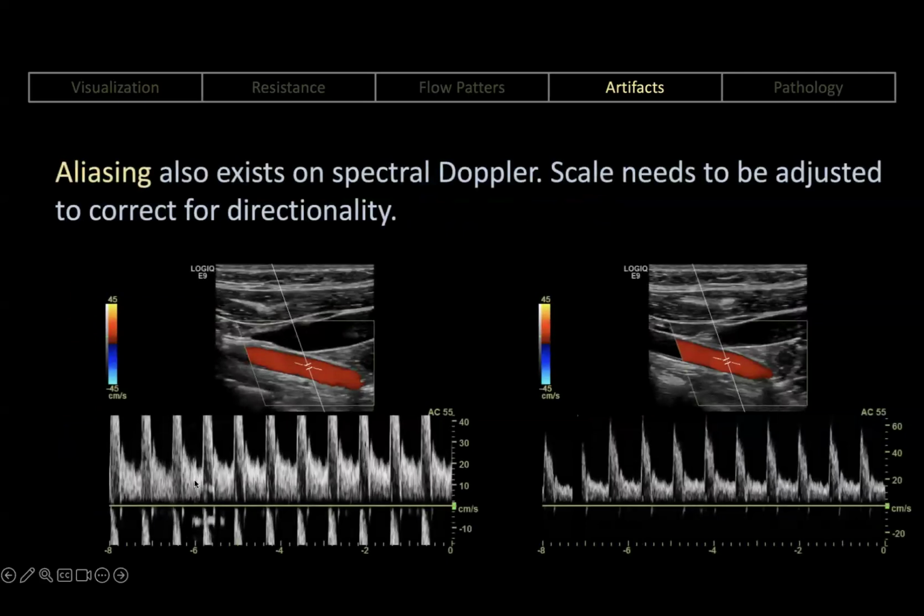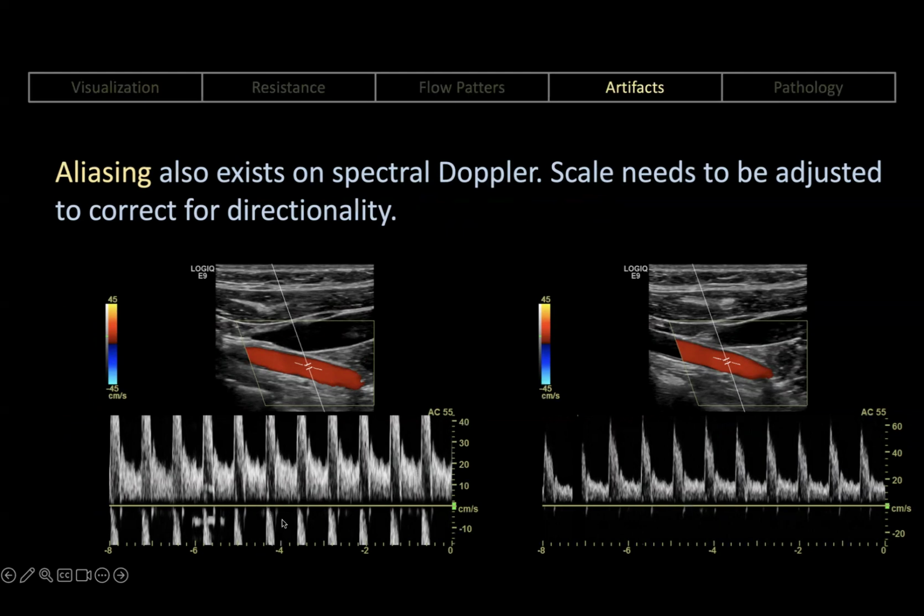Aliasing also exists in spectral Doppler, and this is an example where, similar to the color Doppler image, once you get to about 45 centimeters per second, because the scale is not set appropriately, the waveform gets depicted on the other side.